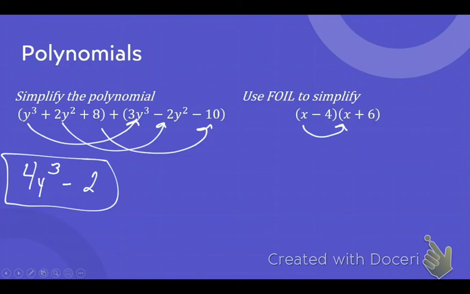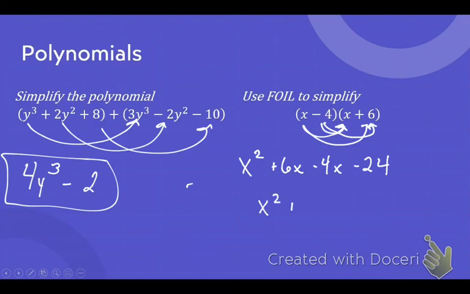First, what's x times x? X squared. What's outside? 6 times x. 6x. What's inside? Minus 4x. And what's last? Negative 24. Now combine your middle terms. And we have x squared plus 2x minus 24.